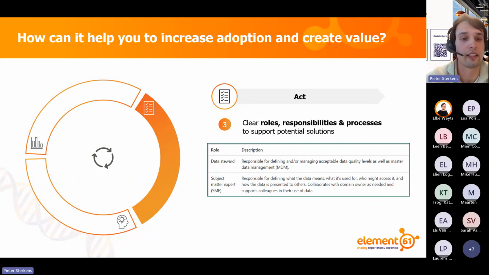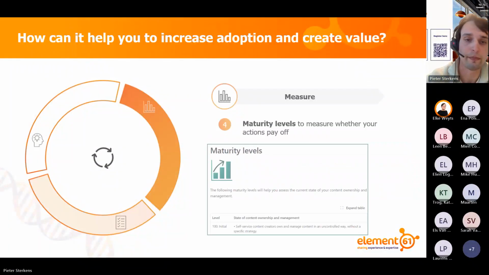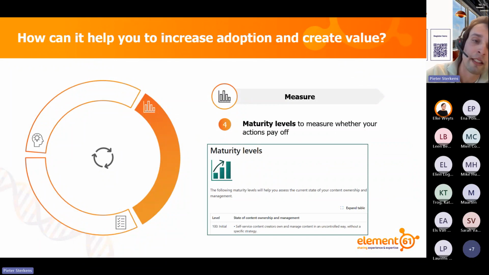So there you can find tips, tricks, and guidelines on how to implement such a solution. And then ultimately, each of these areas is measured in maturity, or you can measure your maturity by looking at maturity levels. And by doing so, you can benchmark your as-is situation to your desired future state and see where you can improve and where you want to invest time to create a better adoption of users.